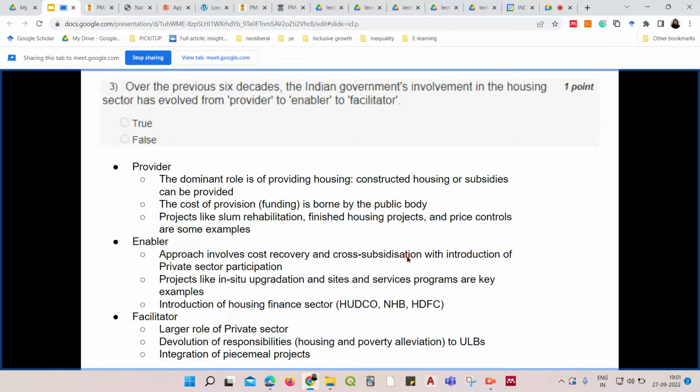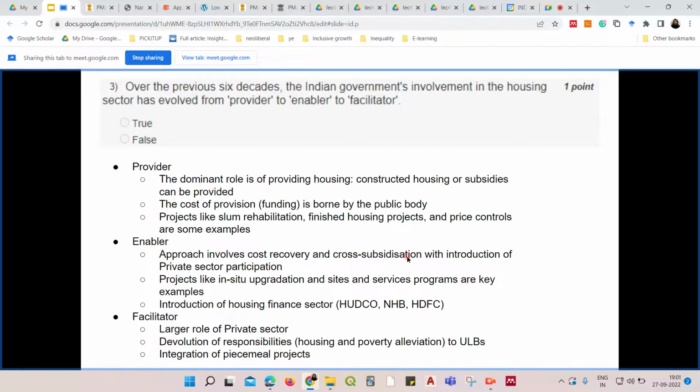So it makes LIG and EWS housing for that population, and apart from that, in the same plot of land, it also makes HIG and MIG housing. It takes its share of the profit from MIG and HIG to fund the construction of the project. Another thing it does is, from that profit, it also funds the construction of the LIG and EWS units.